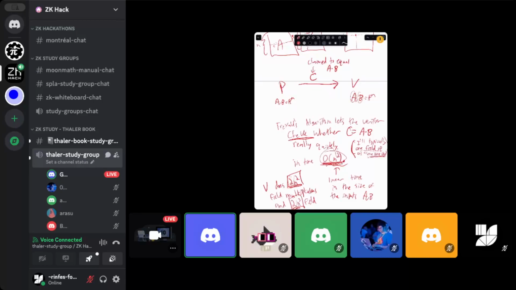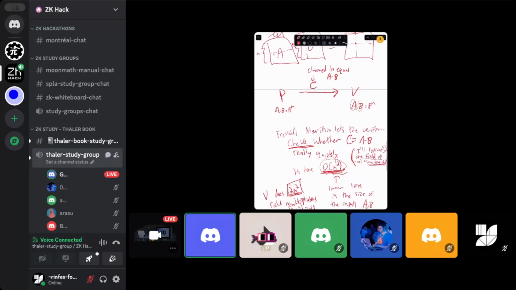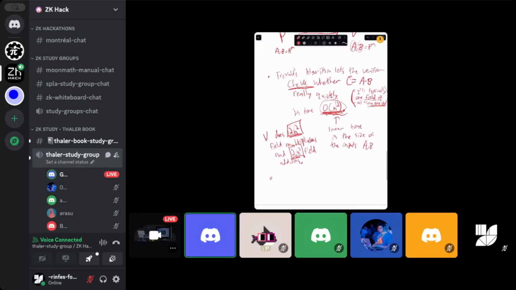Okay, so that's Freivald's algorithm, and that's what it achieves. Before I tell you how the algorithm works, I will briefly say why this is interesting. I sort of told you already: the verifier is running within a constant factor of as fast as we can hope for the verifier to run.